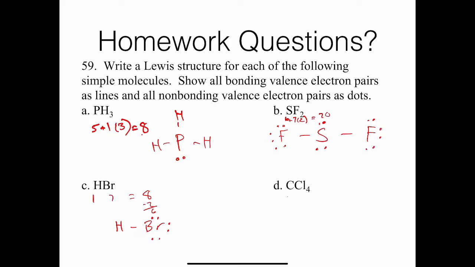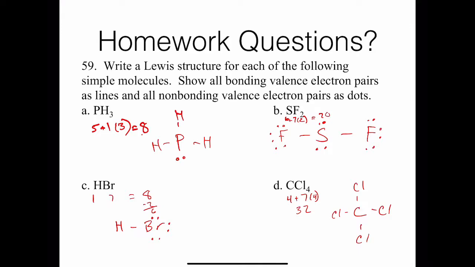CCl4, carbon is in column 4. Chlorine is in column 7, and there are 4. So this gives me a total of 32 electrons to distribute. I'm going to put carbon in the middle. I'm going to bond each of the chlorines around the outside. Just remember we talked about halogens going around the outside of a compound.